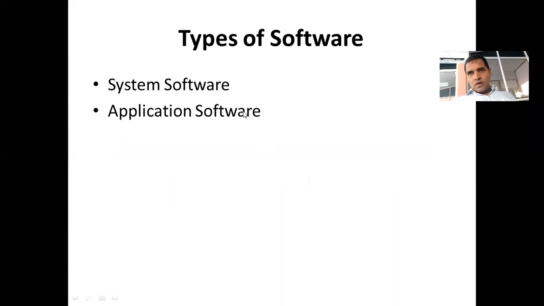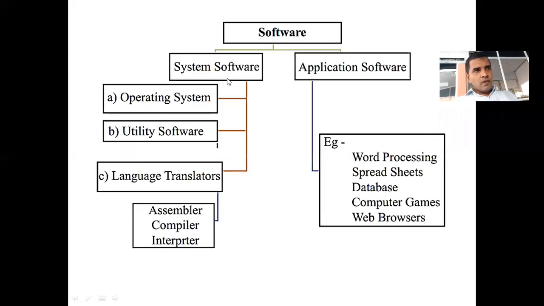Then I mentioned that there are 2 types of software: system software and application software, right? This is a small diagram which covers all the things related to software. As you can see, there are 2 types: system and application, and we have 3 system software. Among them, operating system is very important, so that's why it is on the top.